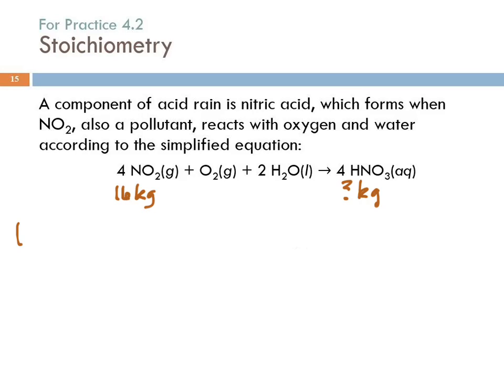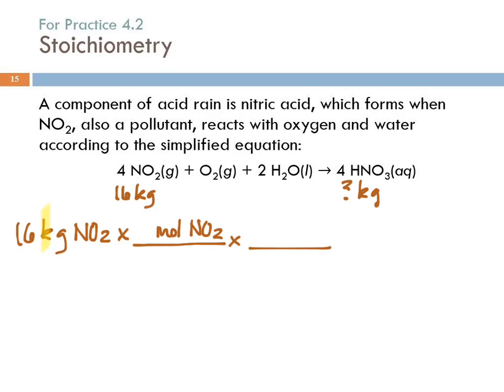So 16 kilograms of NO2. We're going to ignore him for right now, okay? We'll write him in there, but we're going to pretend he's not there. So we're pretending it's grams of NO2. That goes to what? Moles of NO2. And the next one is moles of HNO3. And what's the last one?